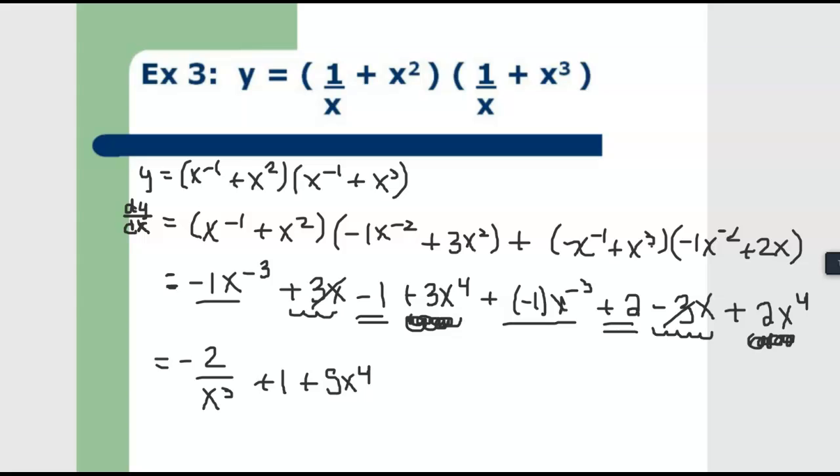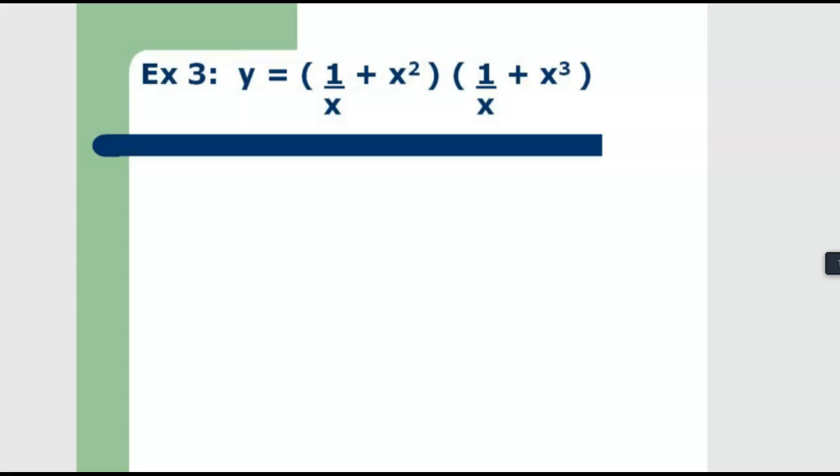Let's do it again, but let's do it now by foiling at the beginning. So off to the side or somewhere on your paper, let's do it again, but foiling from the beginning. So now y equals first. 1 over x times 1 over x would give 1 over x squared.